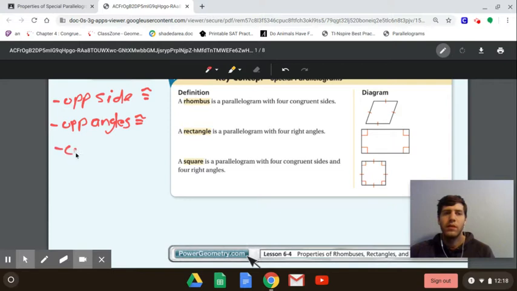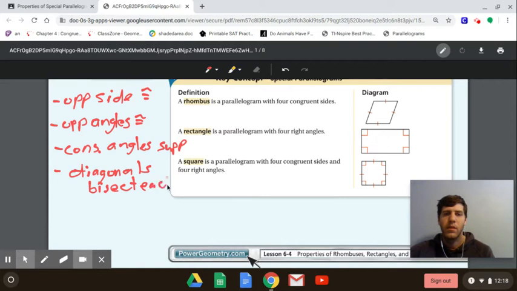We know that consecutive angles are supplementary, and we know that diagonals bisect each other. Okay, so those four properties still stand for all parallelograms, and rhombuses, rectangles, and squares are parallelograms because they have two pairs of opposite sides that are parallel. They just have the additional properties.